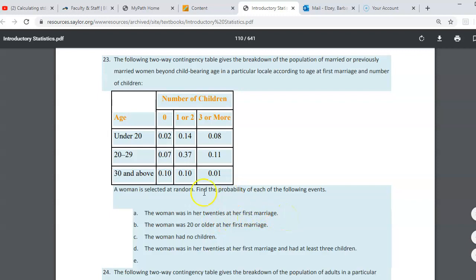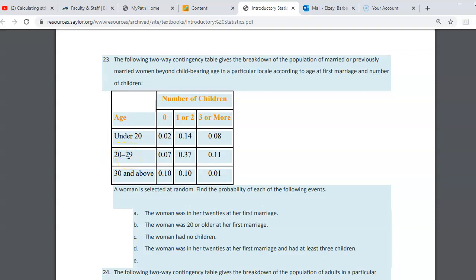In her 20s would be between the ages of 20 and 29, so this is this row right here. To find the probability that someone was in the 20 to 29 range, we need to add up all of the things in this row: 0.07, 0.37, 0.11.